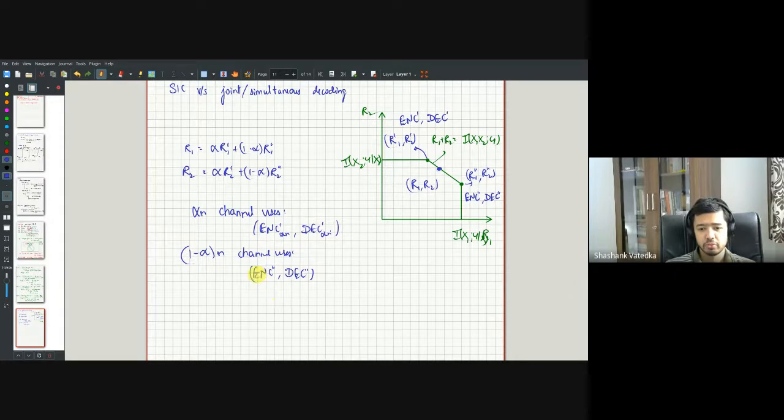Right? But of course, each of these is a sequence of encoders and decoders. So you use this for alpha n channel uses, and you use this for 1 minus alpha n channel uses.